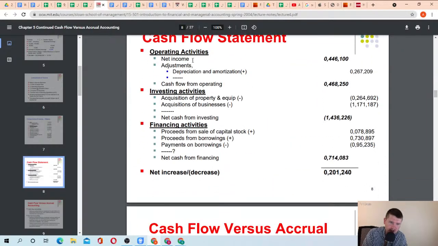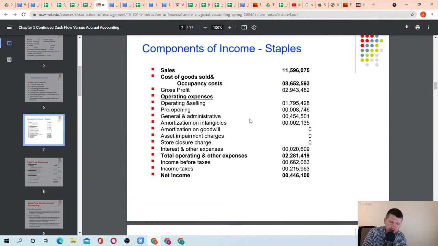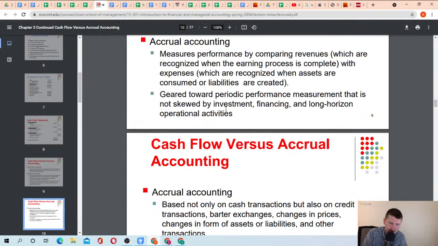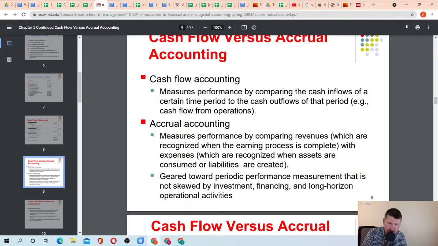So your cash flow statement will measure your cash flow activities, and your income statement will measure accrual accounting.